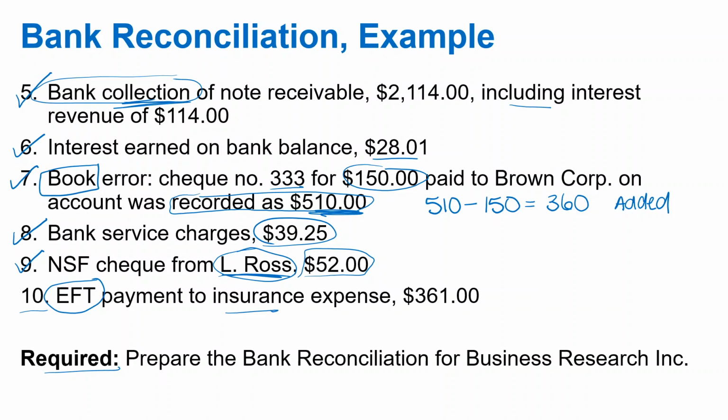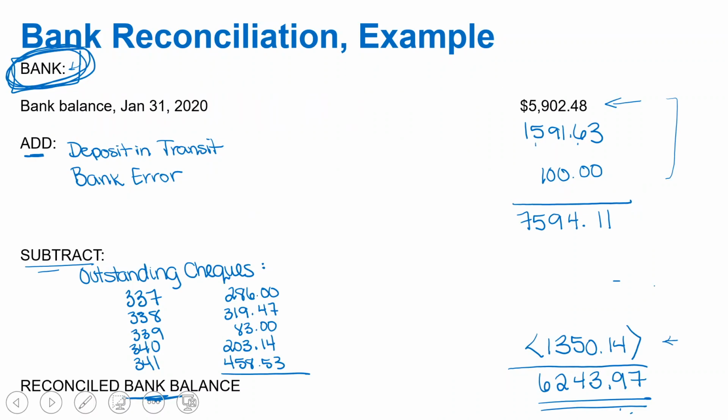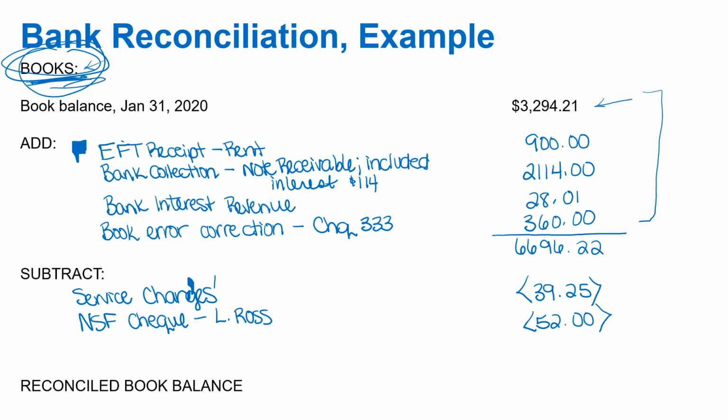So out of the bank, but not recorded. Therefore, on the book side, we need to subtract this. So we subtract an EFT payment, and it's for insurance, and it was $361.